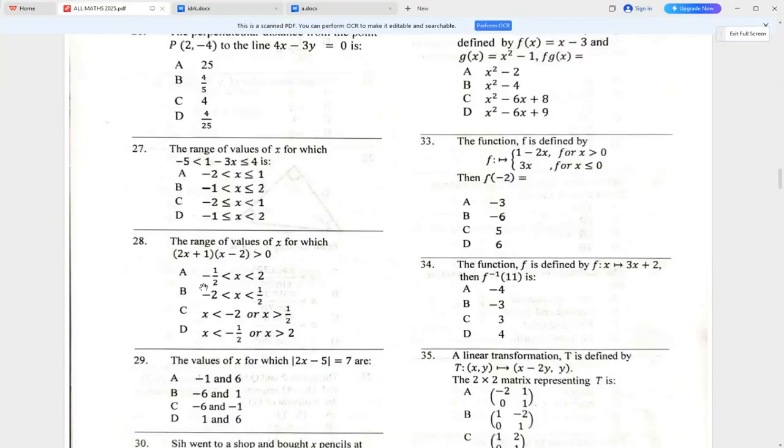Looking at the answers, we have negative 1 less than or equal to x less than 2. The answer to question 27 is D.